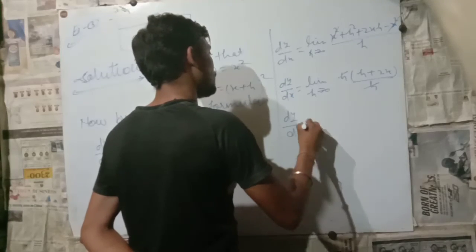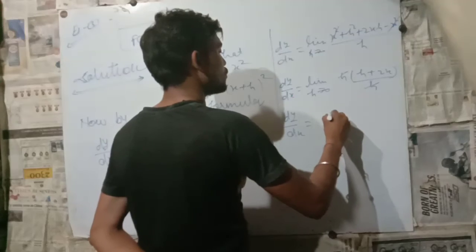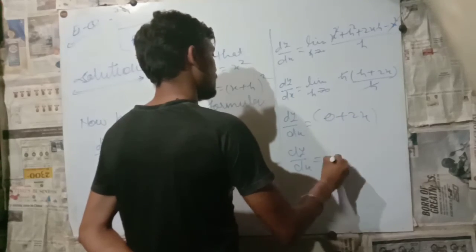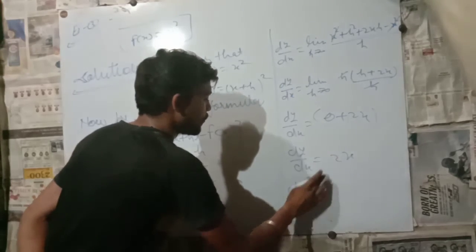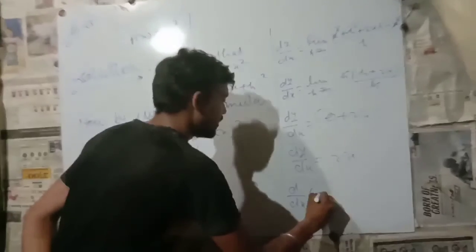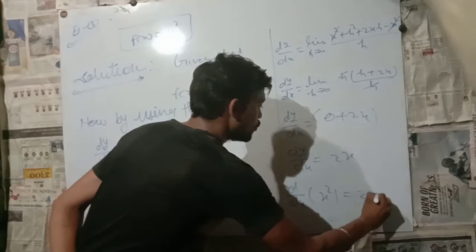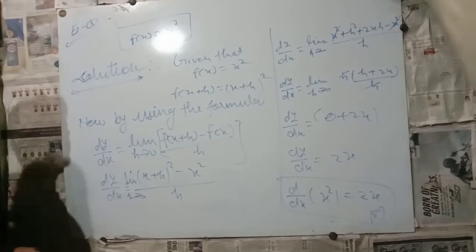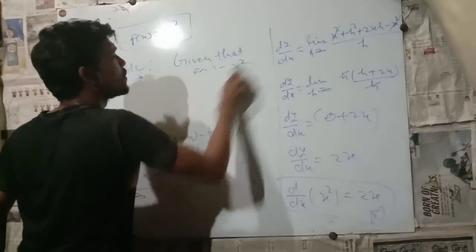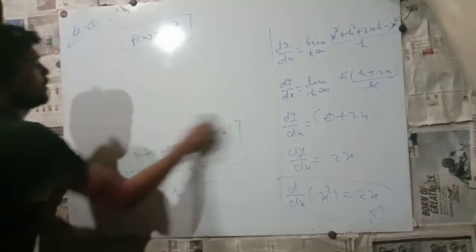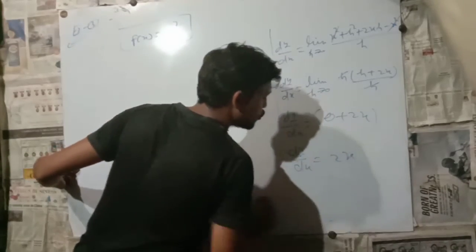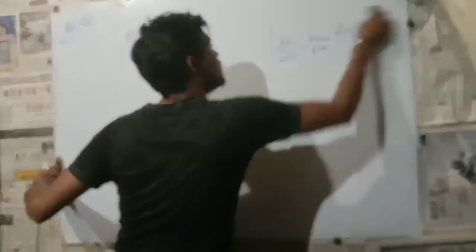Then you can put down the limit in place of h. So 0 plus 2x. So now dy upon dx is equal to 2x. And what is y? Y here is x square, so the derivative is 2x. So this is the answer. So d by dx of x square is equal to 2x. That is what we wanted to solve, and we have proved it also.